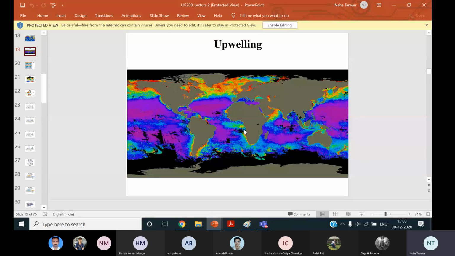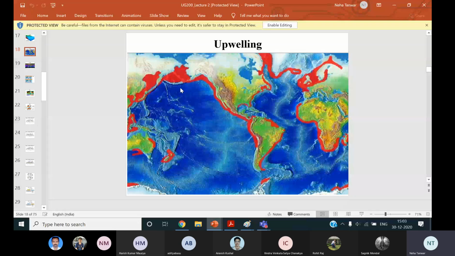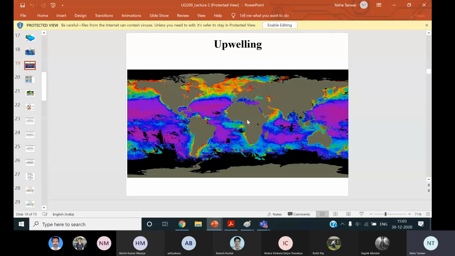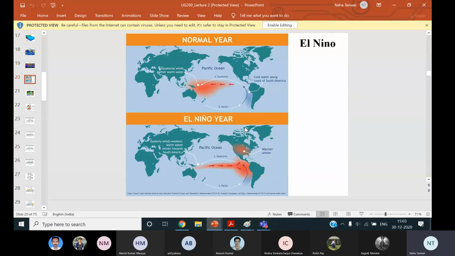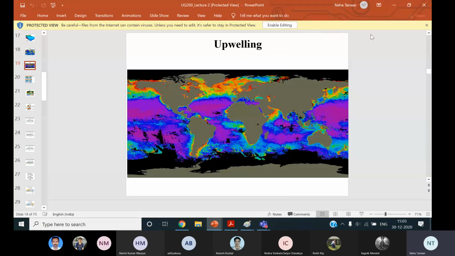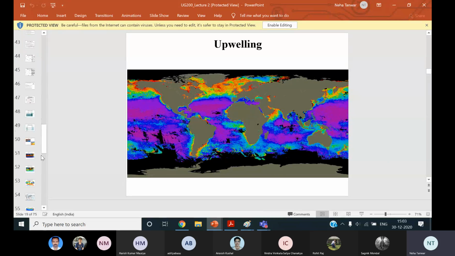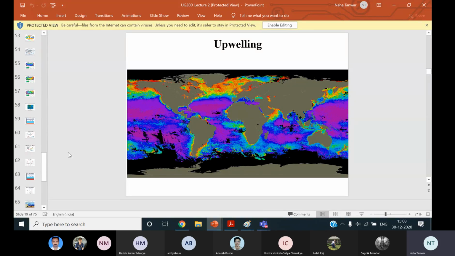Is this a chlorophyll plot? This is an upwelling plot. This is continental upwelling. And at the equators, we have constant upwelling.